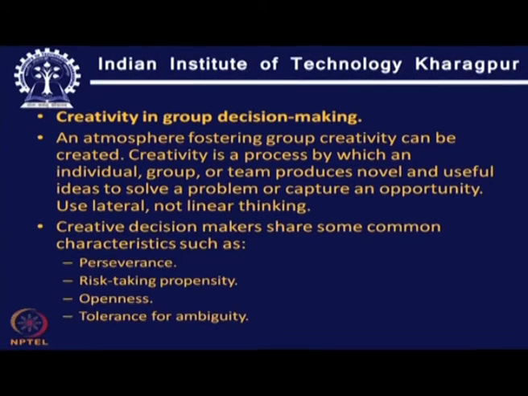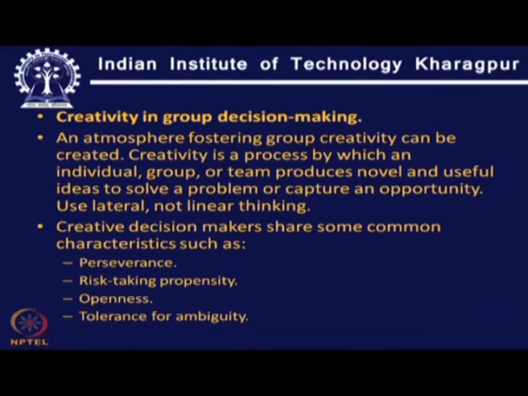And when you're talking of creativity in group decision making, and all the processes of decision making in groups, like nominal group technique, or Delphi technique, or brainstorming, what we look into is creative solutions.